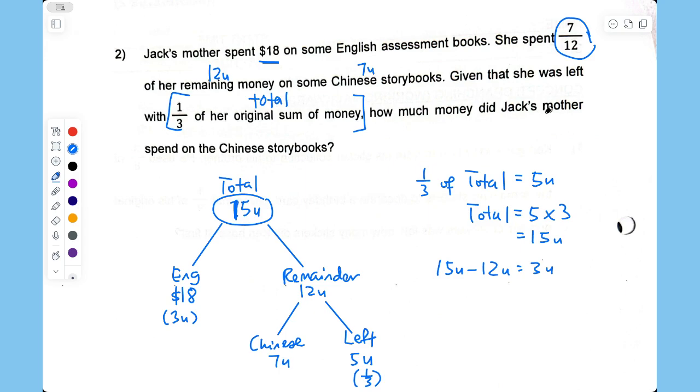How much money did Jack's mother spend on the Chinese books? We want to find out 7 units. But let's find out 1 unit first.